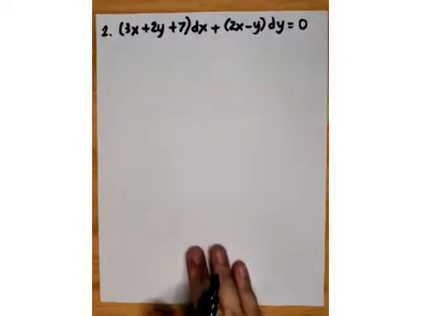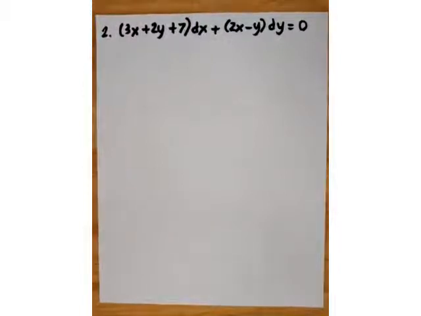Okay, so for our next example, ayan. So 2x plus 2y plus 7 dx plus 2x minus y dy is equal to 0. Ayan.